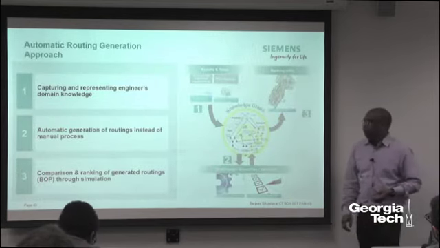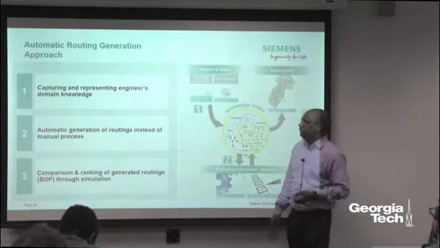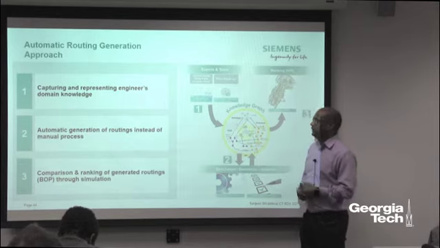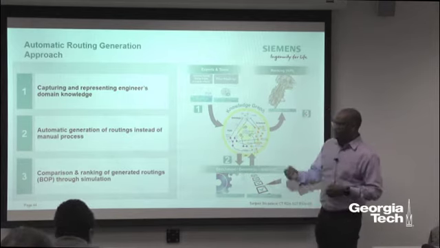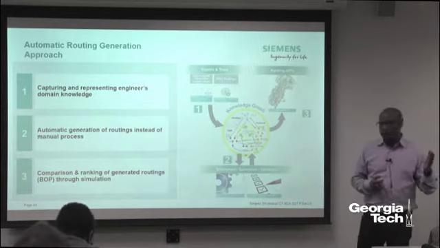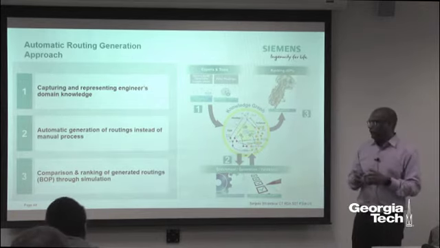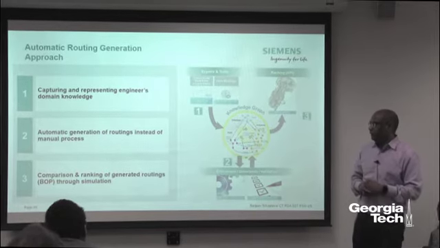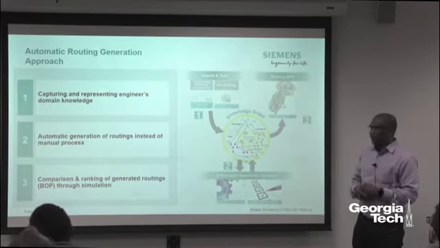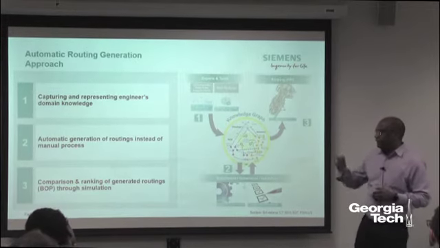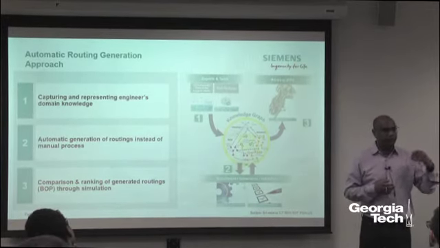So the approach we followed was a three-step approach. First, as I said, was capturing the knowledge: how an engineer in the past has gone through various steps to come up with the steps to manufacture a specific part. That is what the engineer has done from his own mind, from past experience.